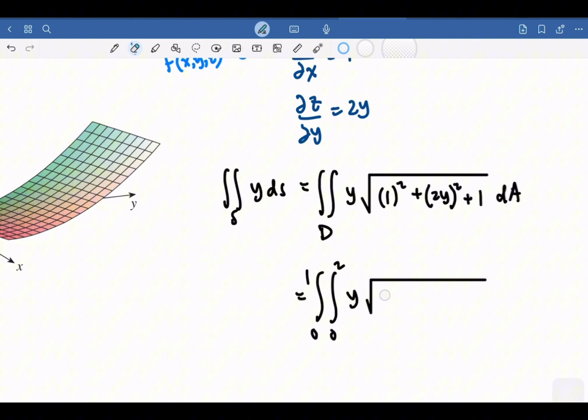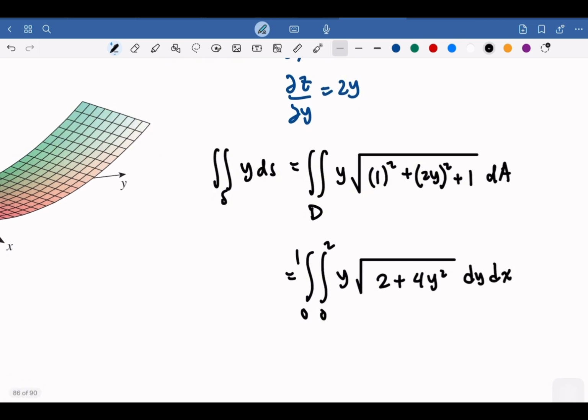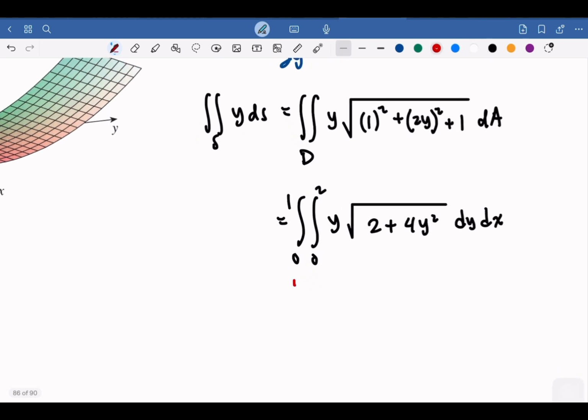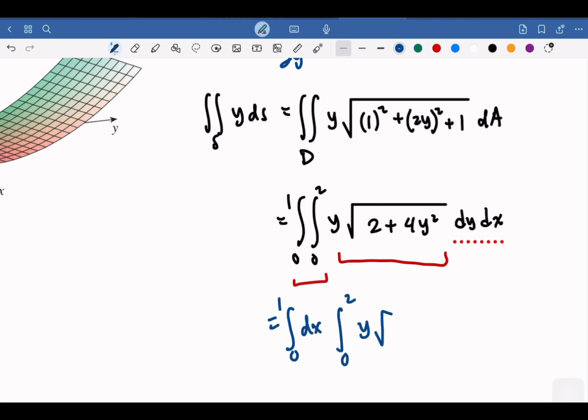This is y times the square root of 2 plus 4y squared, dy dx. Since there is no x inside, we can separate it by taking the integral from 0 to 1 of dx and the integral from 0 to 2 of y times the square root of 2 plus 4y squared dy.